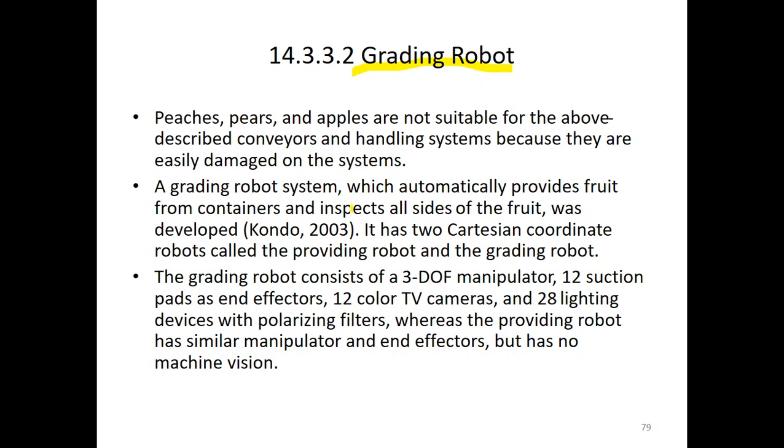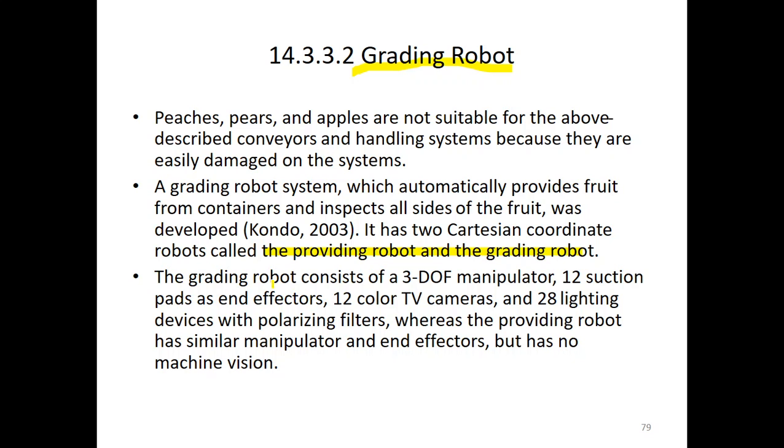So a grading robot system which automatically provides fruit from a container and inspects all sides of the fruit was developed, and it has two Cartesian coordinate robots called the providing robot and the grading robot. Basically both of them use a Cartesian XYZ coordinate system.